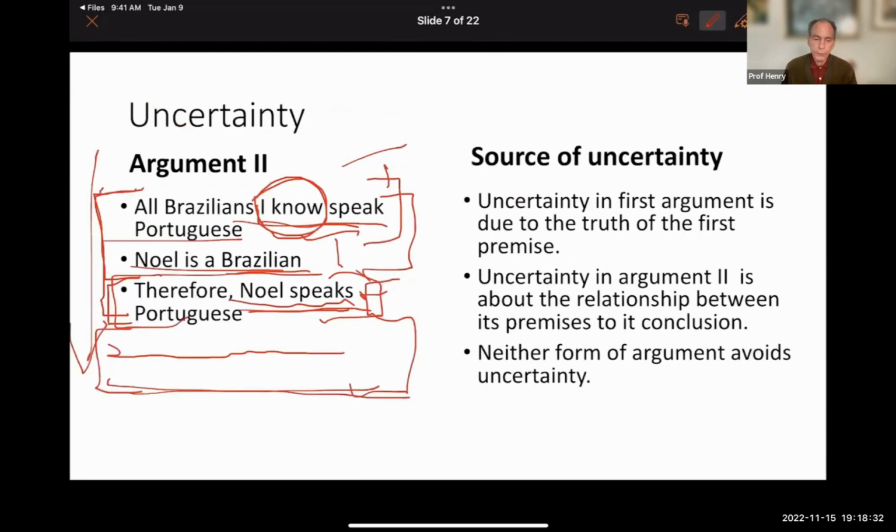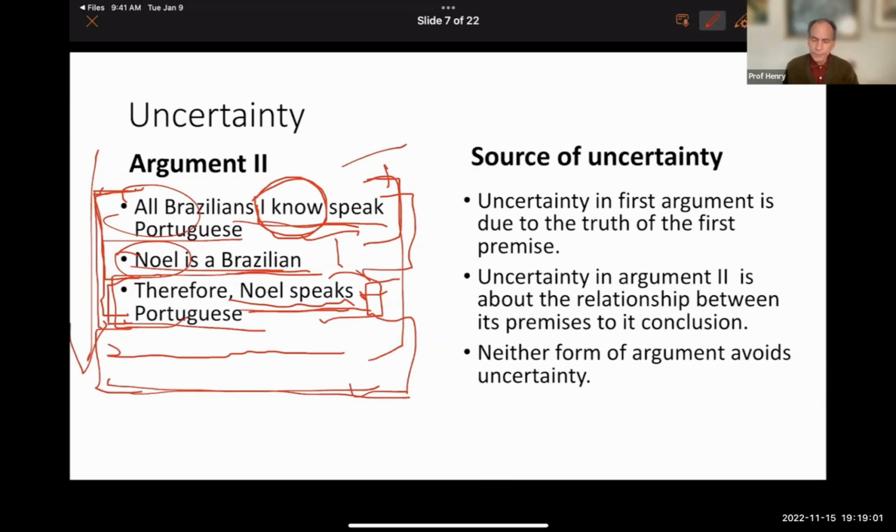This premise is true. Both of them are true. However, you can't say this because the relationship between the premises doesn't push forward a true conclusion, even though both premises are true.